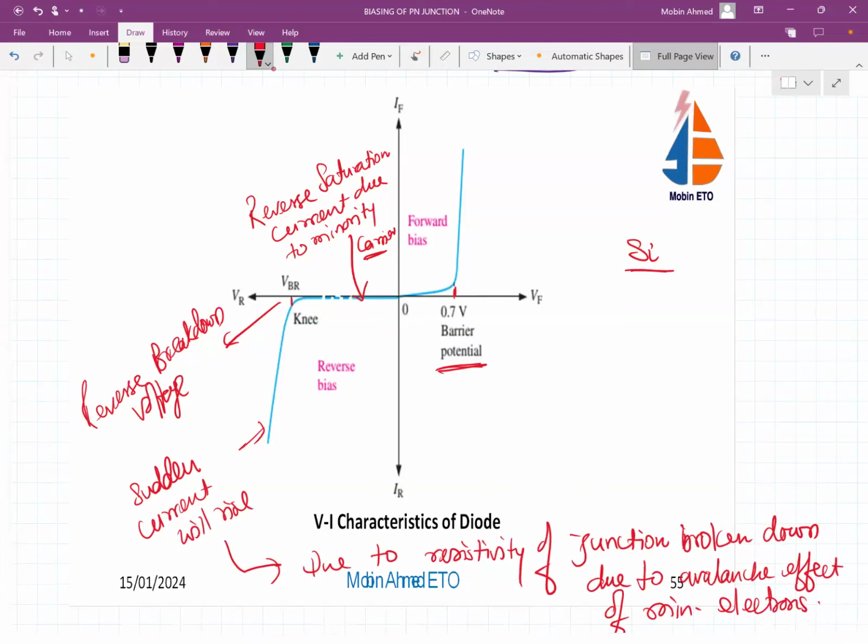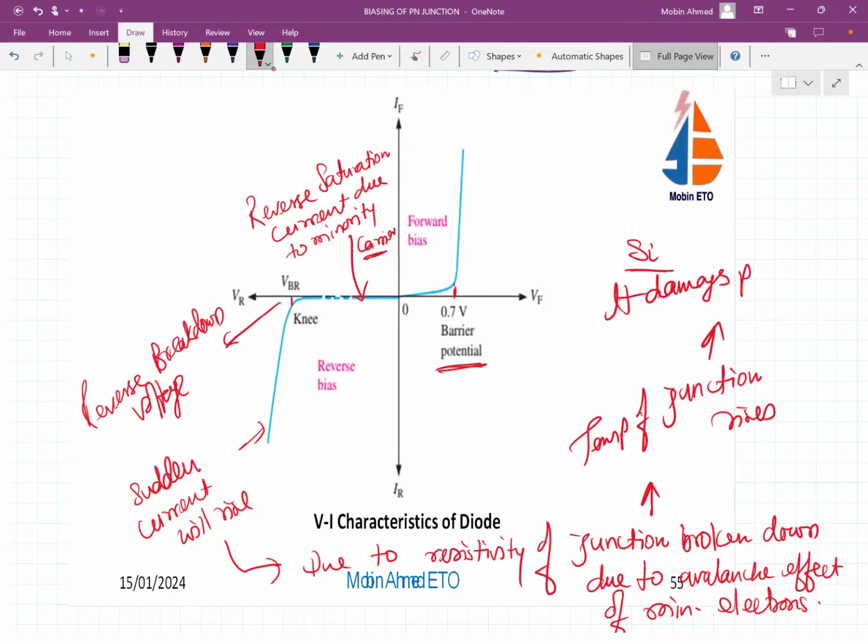So due to the avalanche effect, it is already broken. The temperature of the junction rises and it is damaged permanently.